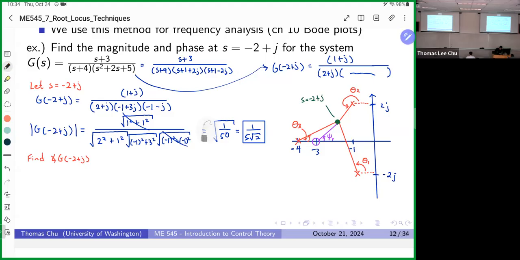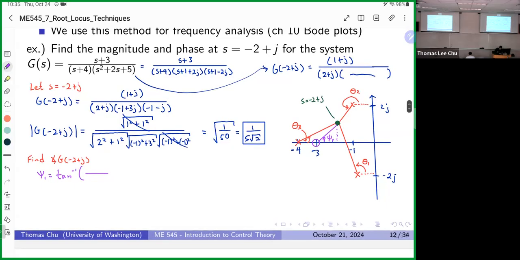let's just find the angle of the zero. So visually, when you draw it out, you can see that our angle psi 1 is going to be equal to the arctan of 1 over 1. But to do it properly, the way I do it is I'm going to put the height.